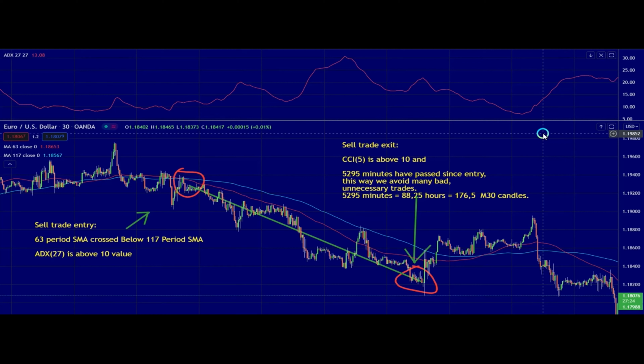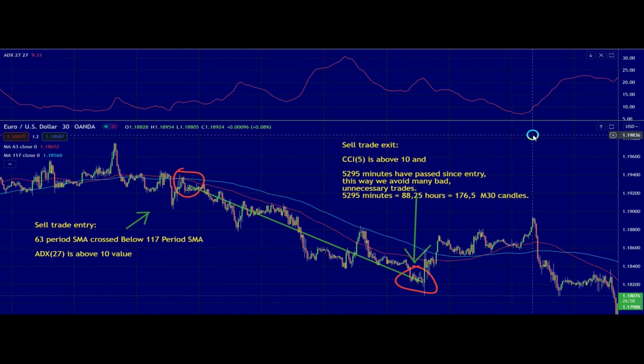If you have a bad entry and a good exit strategy, you will still win. So it kind of proves that exit strategy and money management is more important than a really precise entry. Of course, we have to enter the markets as precisely as we can, but we have to treat exit strategies just as important, and I do that, and I want to give this knowledge to you.